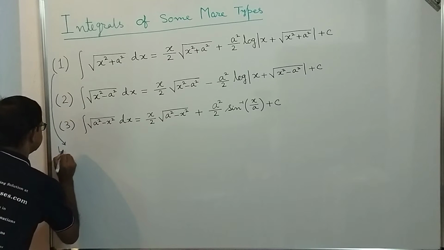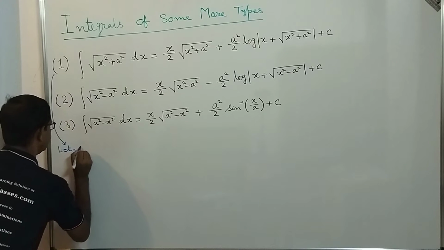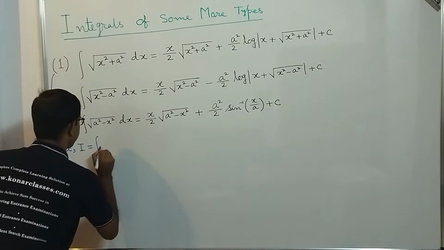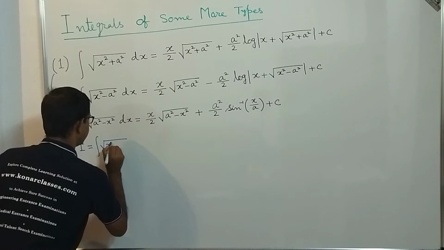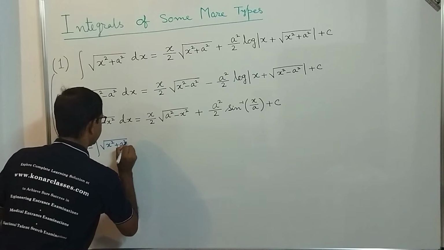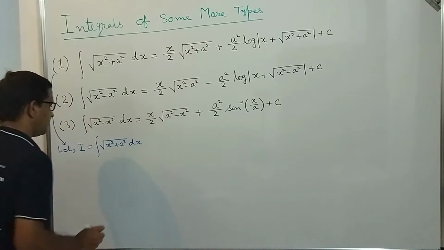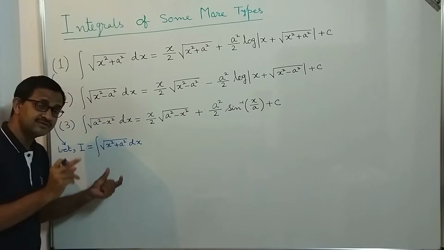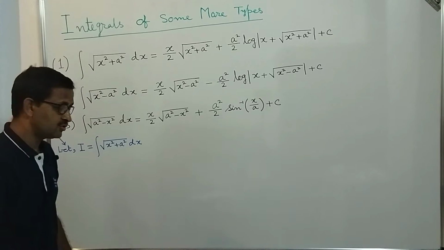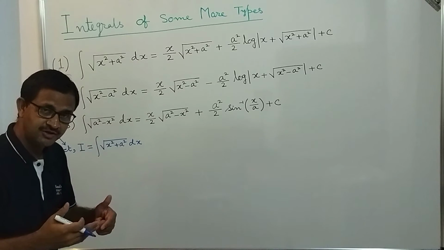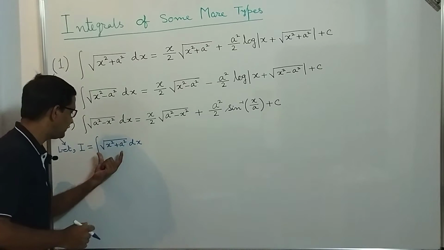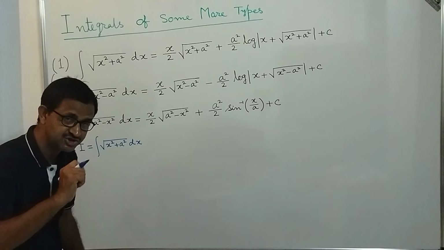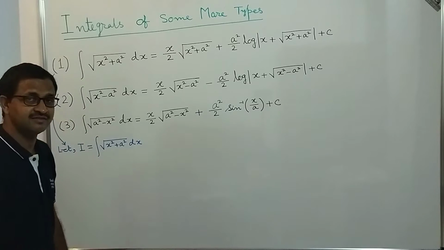Let us call this integration I, that is equal to the integration of square root of x square plus a square dx. Now dear students, square root of x square plus a square is not directly integrable. So from our knowledge of integration by parts, we can consider square root of x square plus a square as the first function and 1 as the second function.